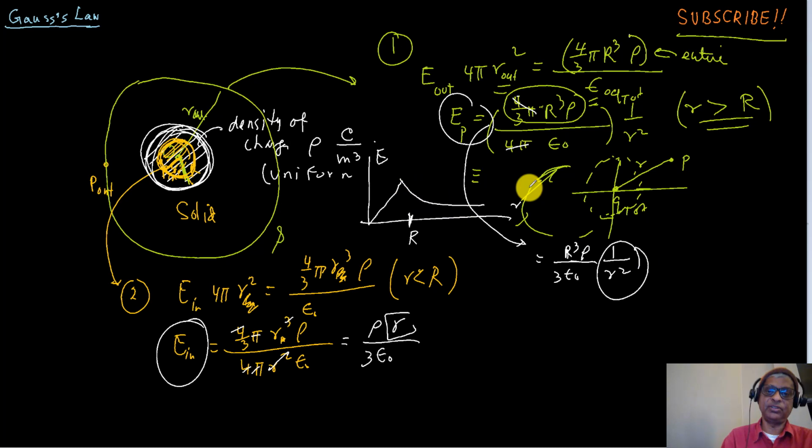So this is pretty interesting. You can see right at R, there's a jump in the derivative, right? It just goes this way and then it's going that way.